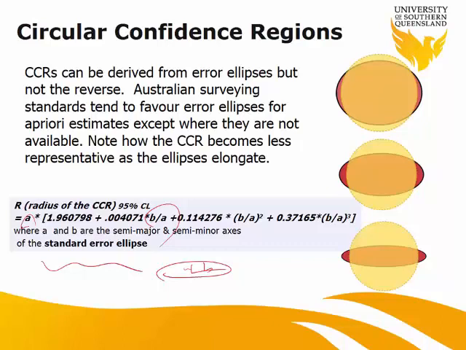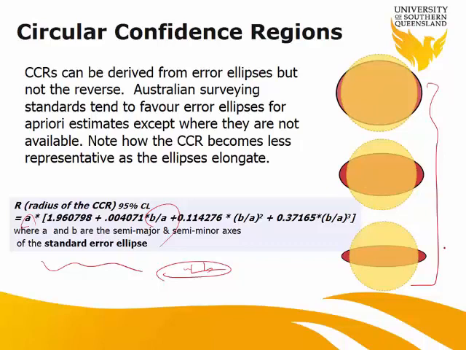Look at the example here, and you can see how the CCR becomes less representative as the ellipse elongates. If the accuracy in the two dimensions is pretty much equal, for example, the accuracy of distance and angle measurement are quite similar, you can see the circular region is very close to the error ellipse.